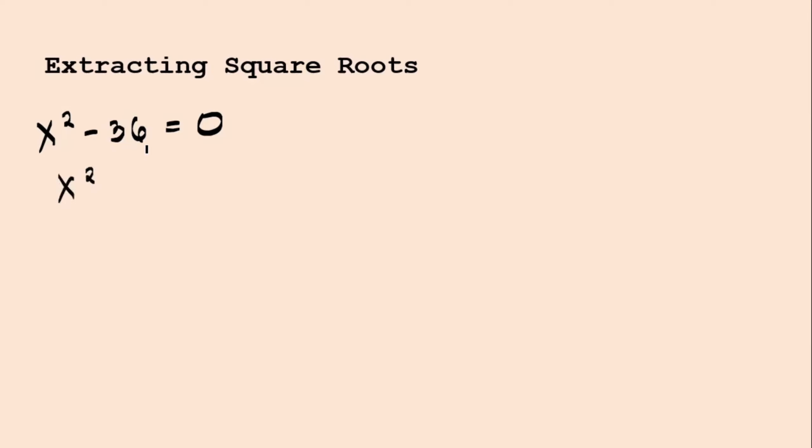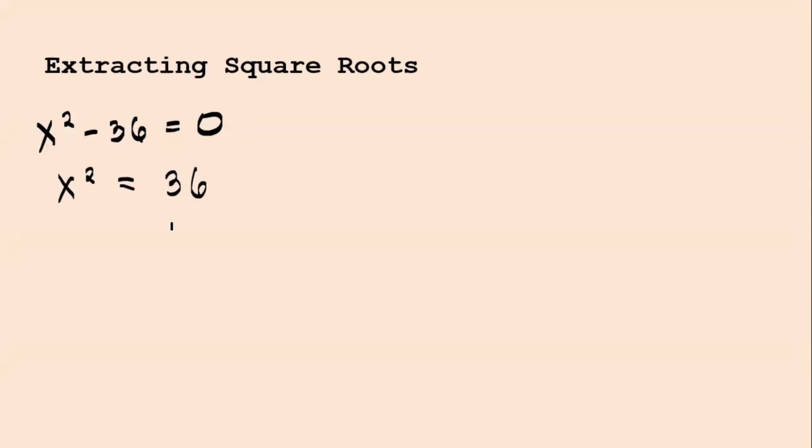So this negative 36, kailangan natin siyang ilipat dito sa right-hand side. Using the addition property of equality, add both sides by 36 to eliminate this negative 36. So that will become x squared equals positive 36.